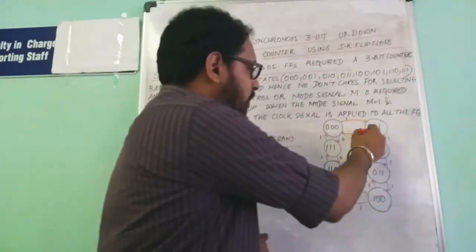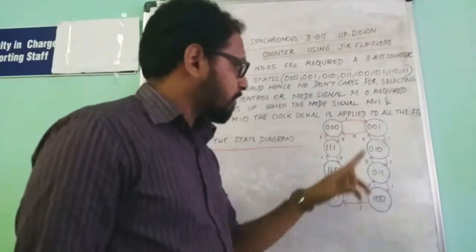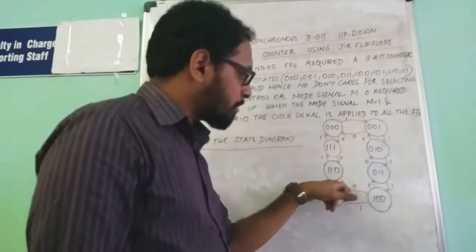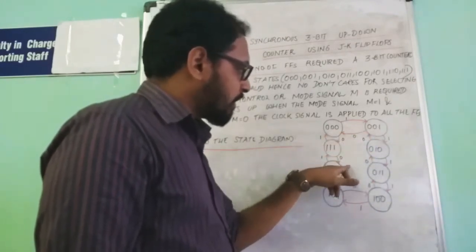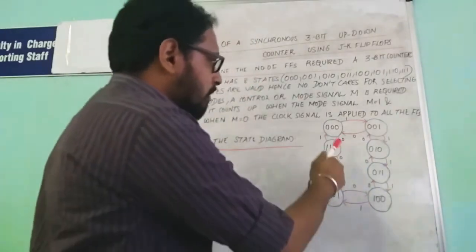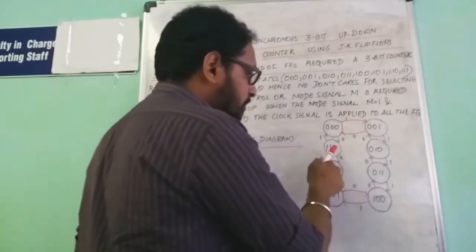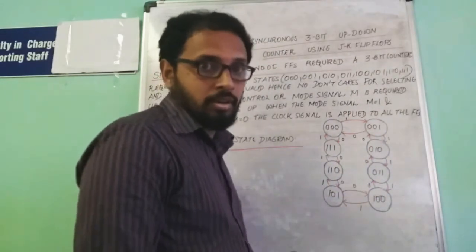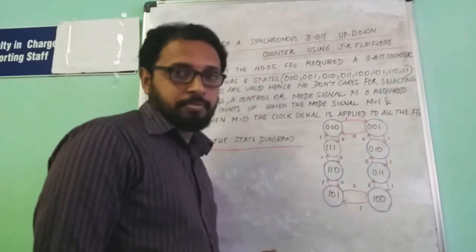And it counts down when M is equal to 0, so in the reverse order we give the value 0, and from 000, when it counts down, it goes to 111. Clear? Likewise, it's very easy. Please go through.